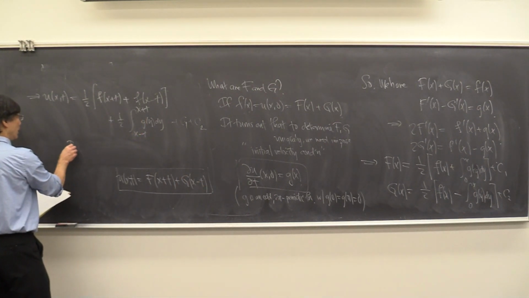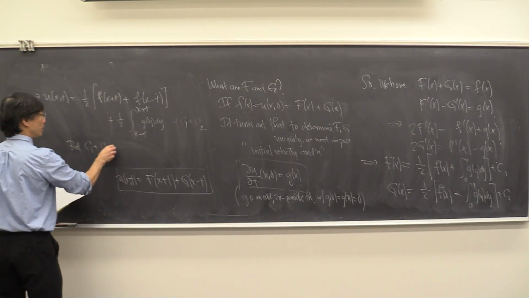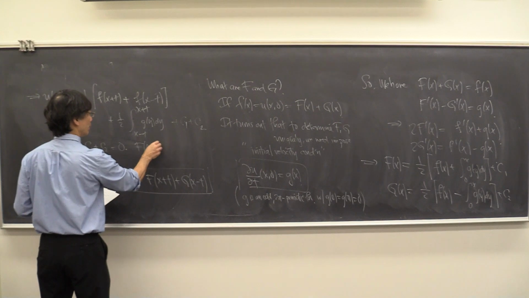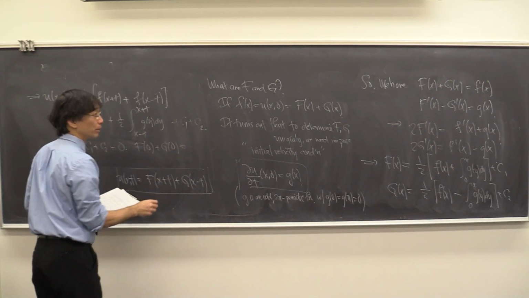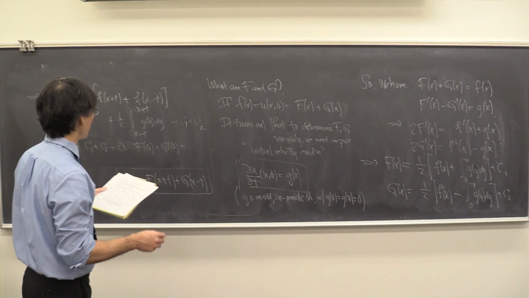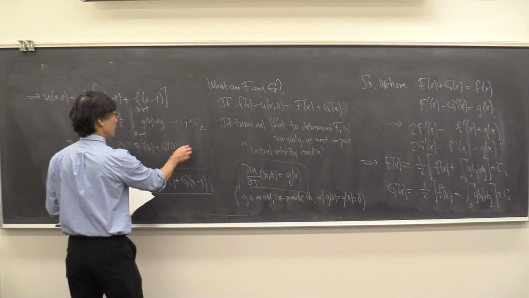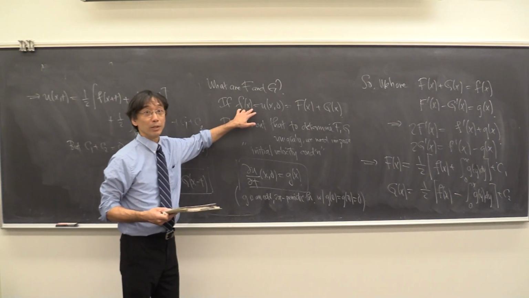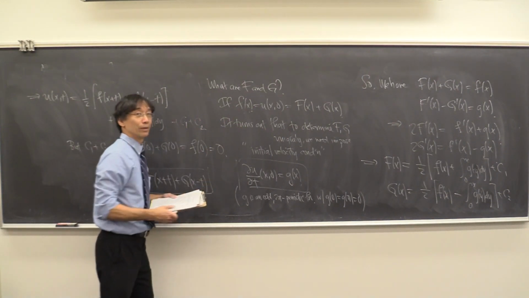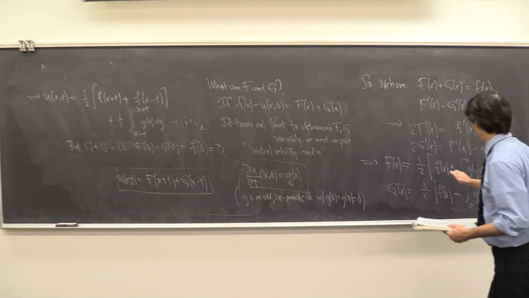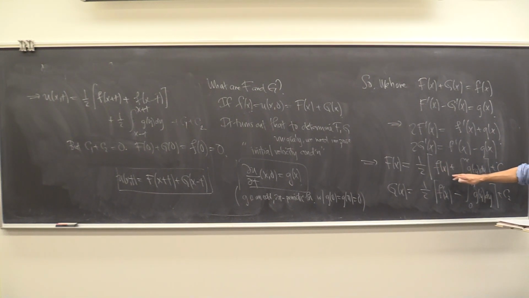C1 plus C2 equals 0 because f of 0 plus g of 0 is going to be little f of 0, right? It's going to be little f of 0, which is 0. And from here you see that, so what does that tell you? That tells you that C1 plus C2 is 0.